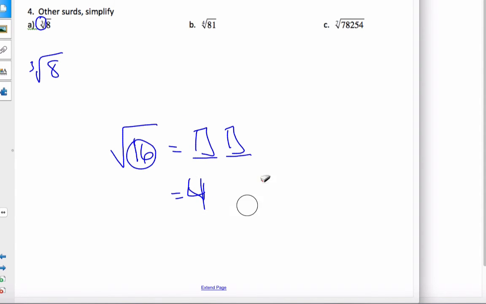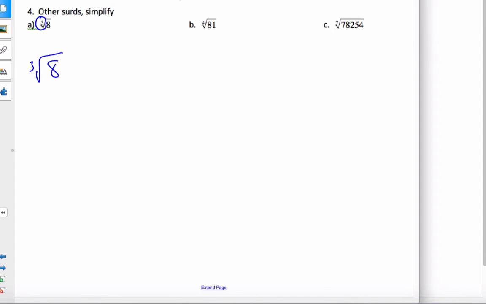Well, when I have a little 3 up here, it's the same thing, but it's saying what number times itself 3 times equals 8. Well, that's 2 times 2 times 2. And so the cube root of 8 is 2.